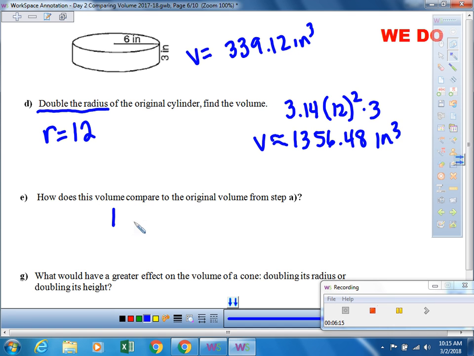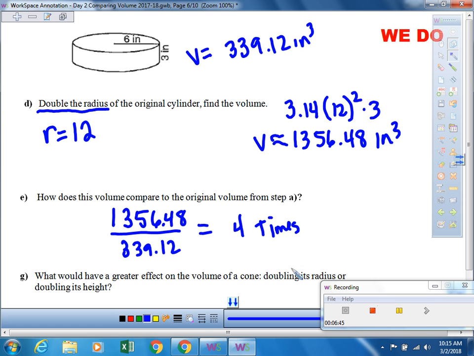So, if you have this new volume divided by your old volume, what did you get? Ethan? 4 times. Right? 4 times bigger.